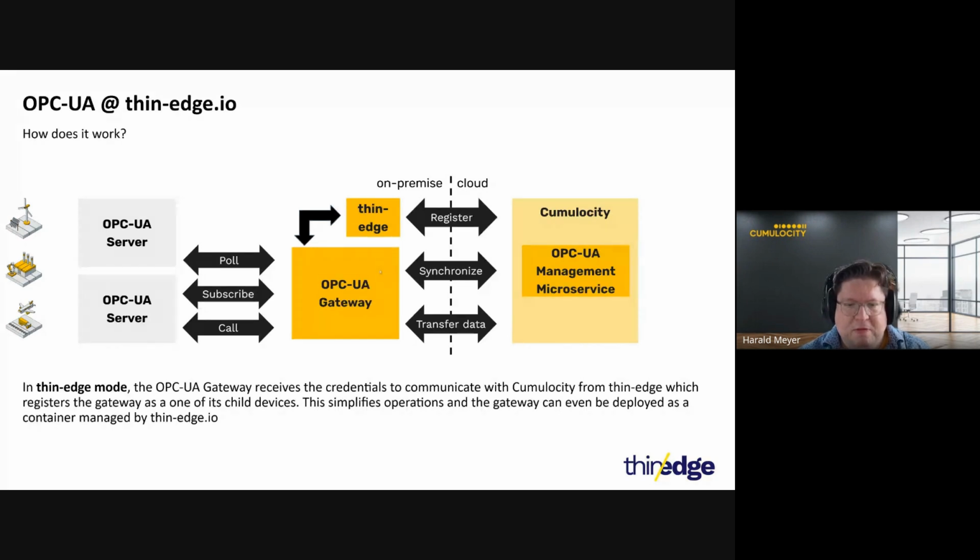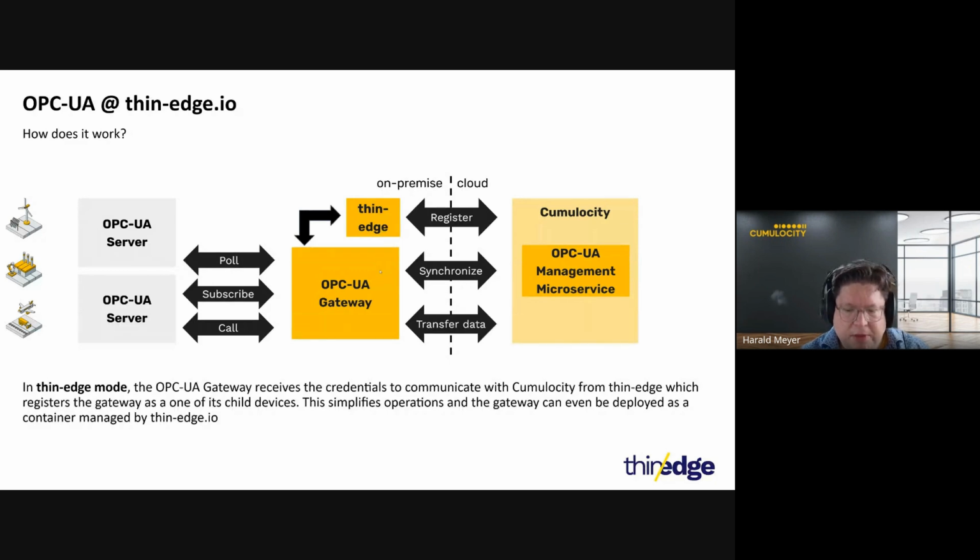This makes operation of the OPC UA gateway simpler for you, because you don't have to go through the initial bootstrapping process and then later on manage these credentials. And we even have a version of the OPC UA gateway which comes as a container that works directly with thin-edge. So this is already working.